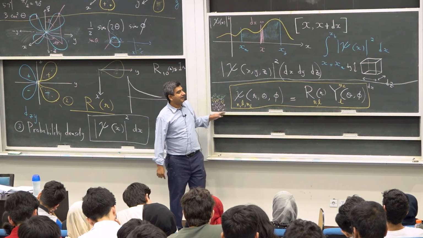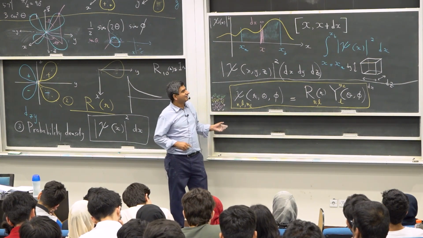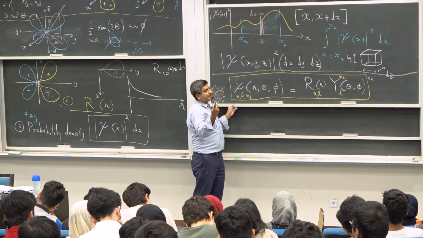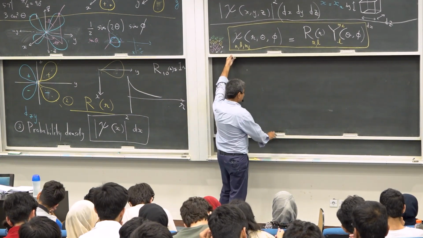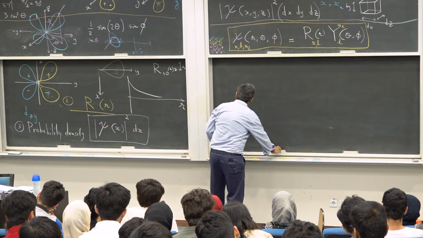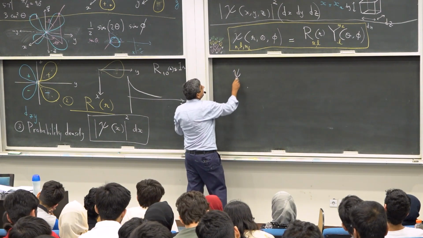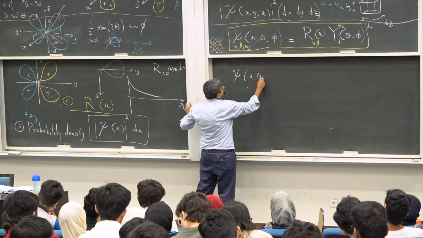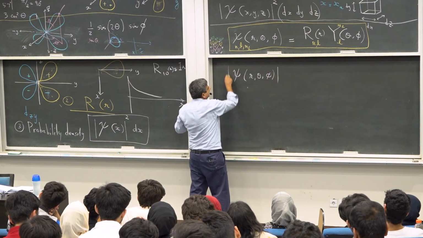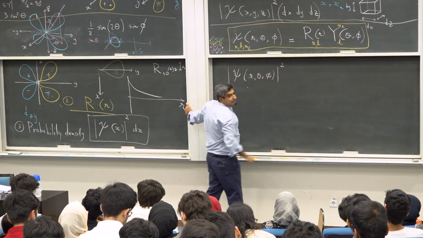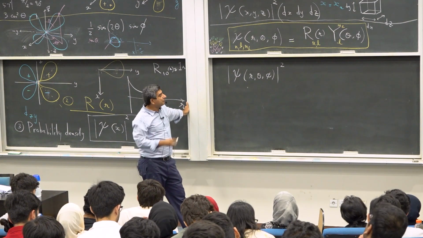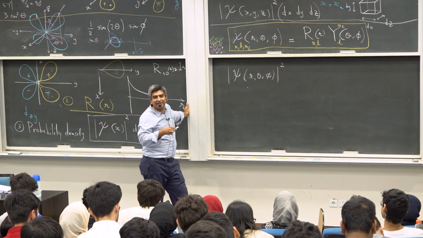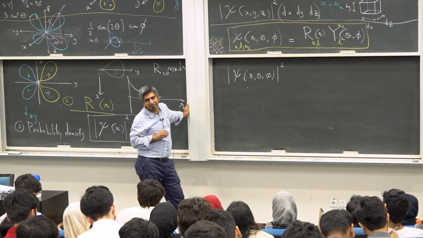Now, if I have the probability density, the naive answer would be that the probability density is psi of r, theta, phi, modulus squared. But first of all I would like to identify the volume element as well.